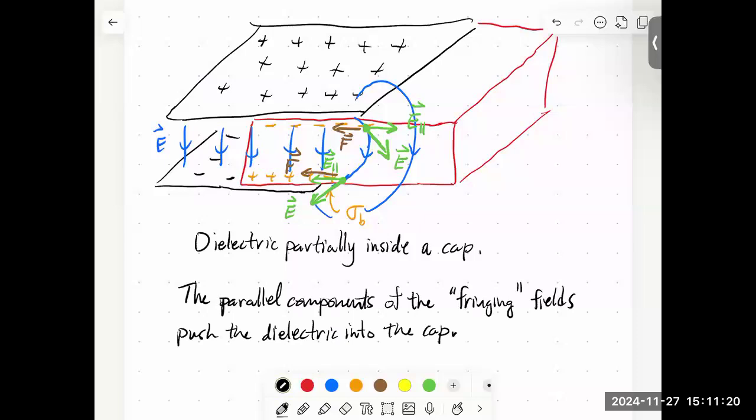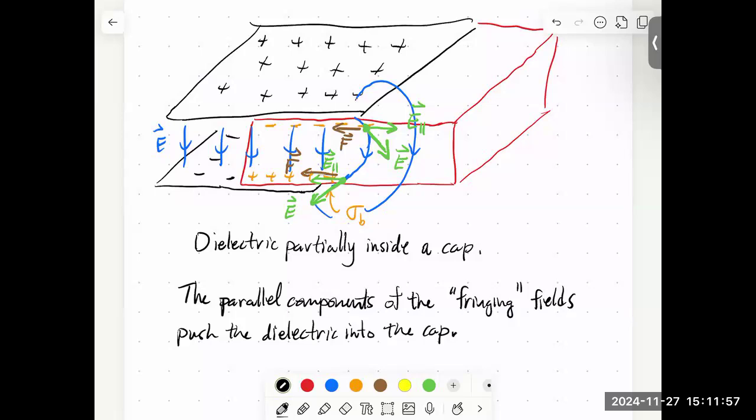Now, what you might think is that's going to be a very difficult calculation because I'd have to know the shapes and magnitudes of these fringing fields. And that's true. Calculating the fringing fields is very difficult. But Griffiths goes through a little argument where you can actually calculate these forces. The way you do it is we did the example where we had two different dielectrics between the plates, a plate, one dielectric, a second dielectric, and a bottom plate.